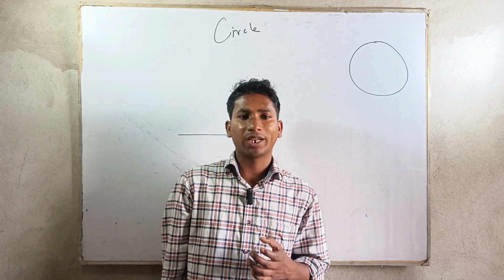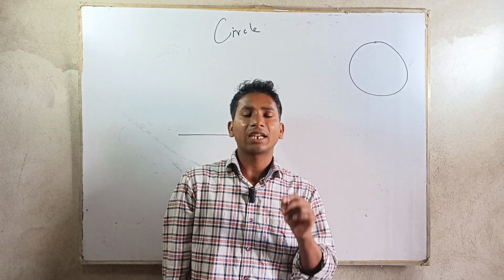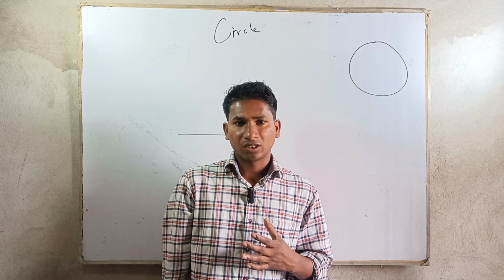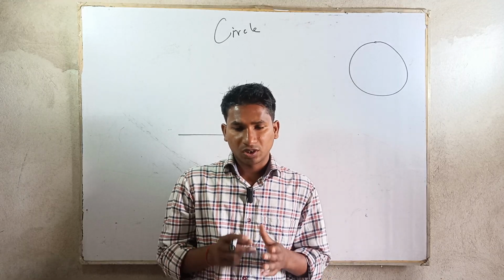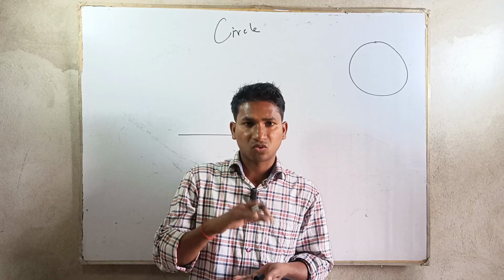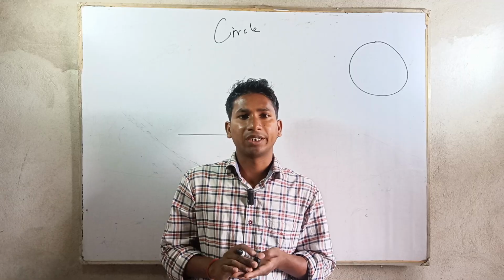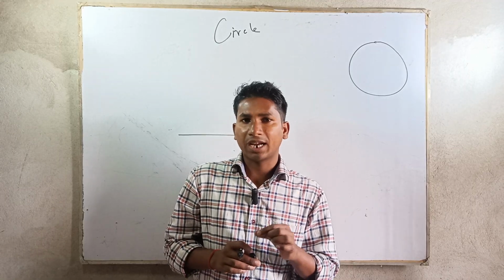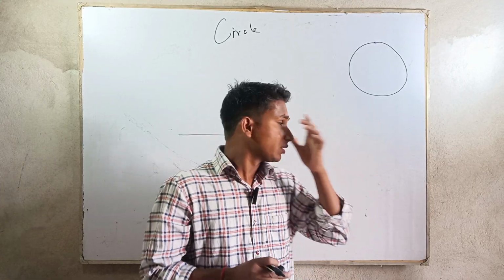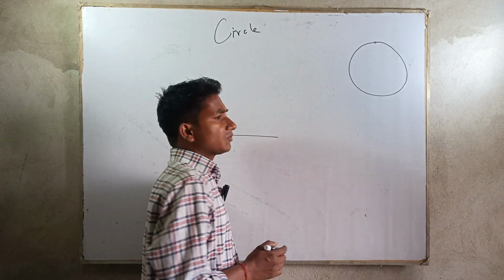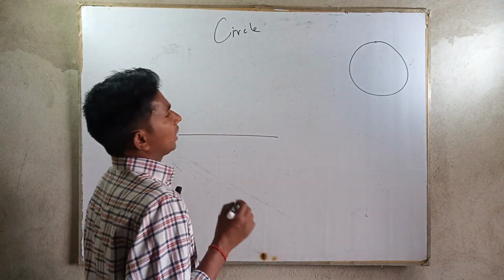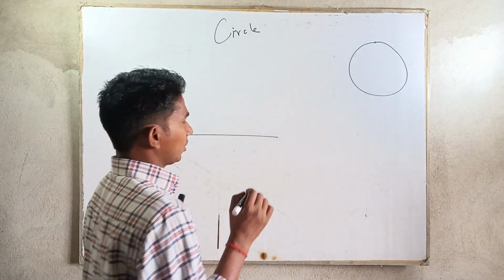If you have one coin, it's round, that is also a symbol of a circle. If you add so many coins and it comes up in height, then it is called a cylinder, but without any height it is called a circle.